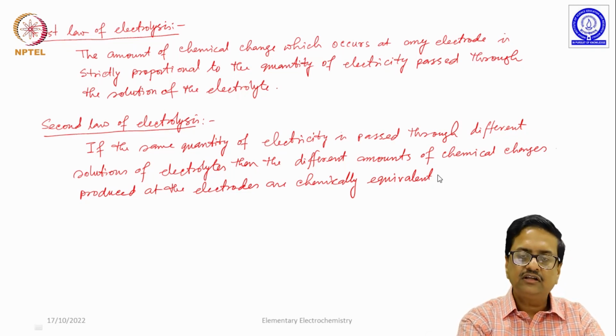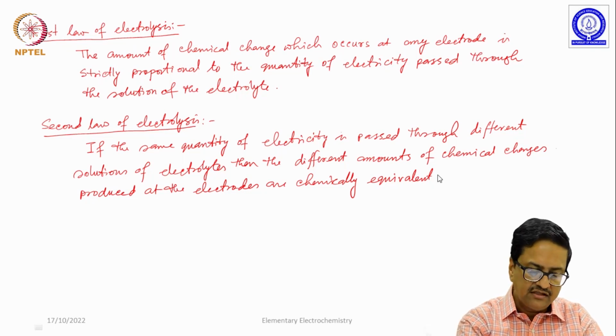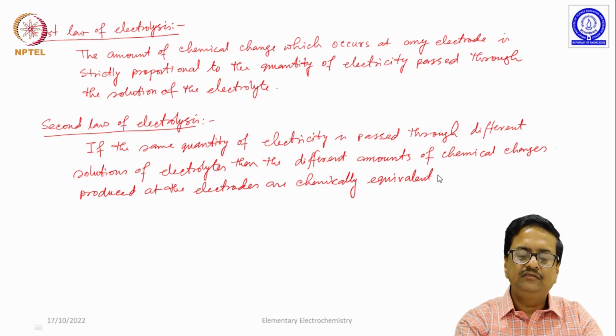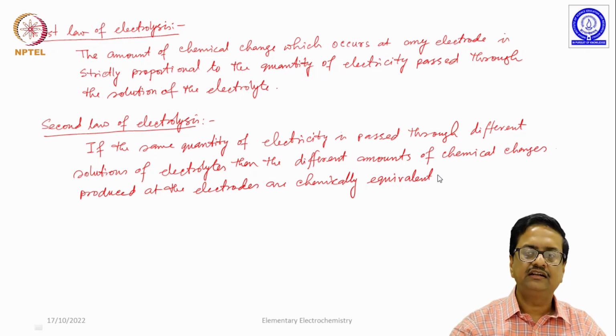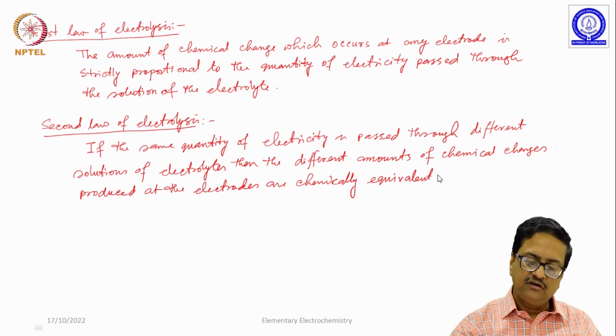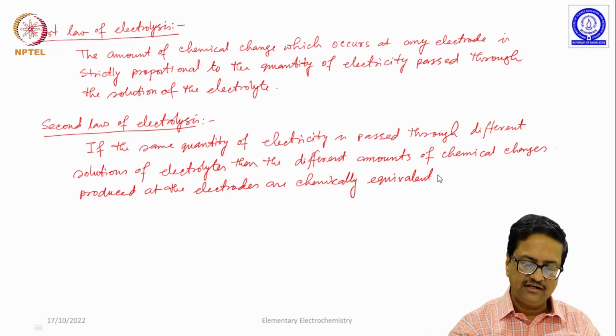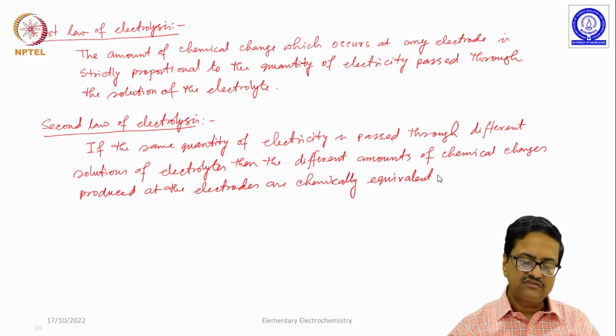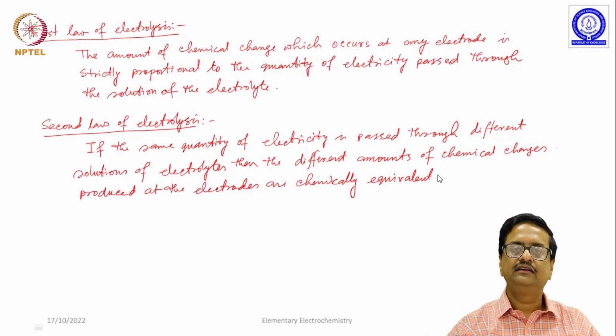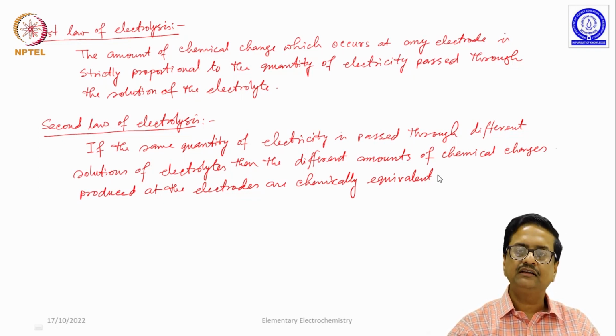gas, or it may be deposition of a metal, or it may be dissociation of a metal from the electrode. So the amount of metal deposited or amount of metal dissociated out from the electrode, or the amount of gas that is produced in a given electrode, these relative amounts are directly related to the quantity of electricity passed.